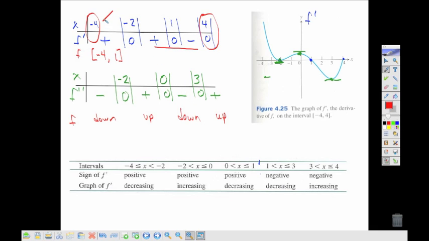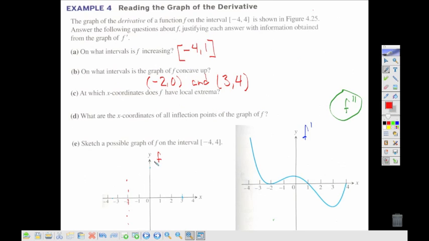Now since we are increasing here, going up from there, that means that's going to be a minimum. Here we're going up and then down, which means we have a maximum. And then at the other part we're going down to that, telling us that this is a minimum. So we'll have local extrema: minimums at x equals -4 and 4, and a max at x equals 1. Okay, the next question asks about the x-coordinates of inflection points.